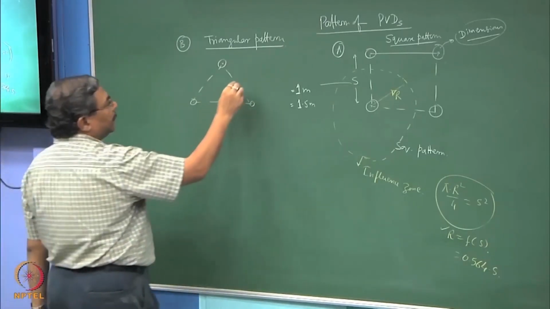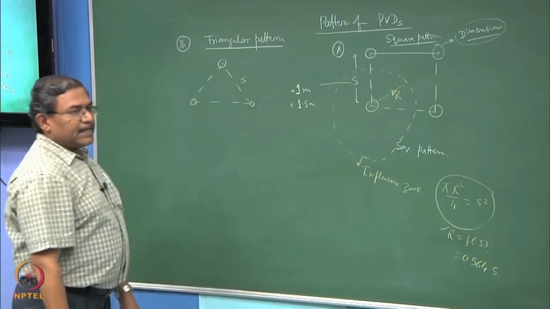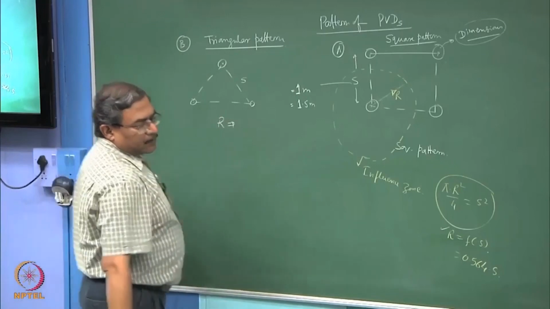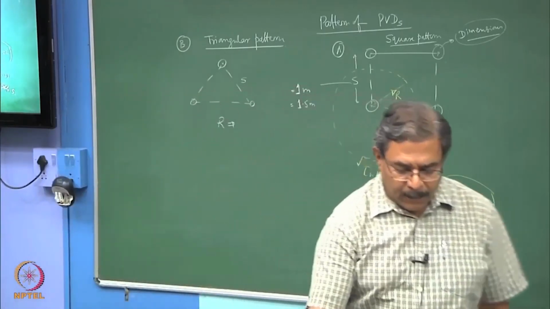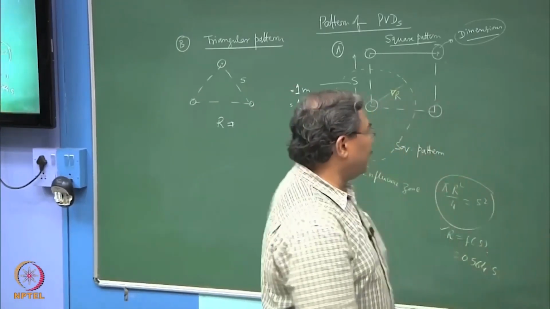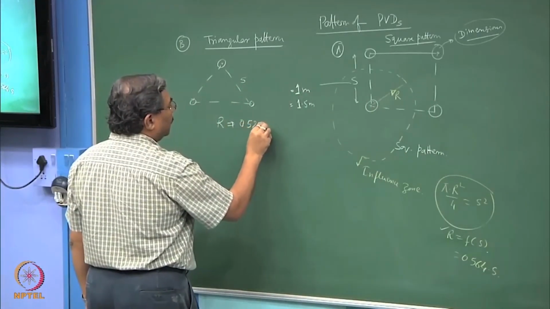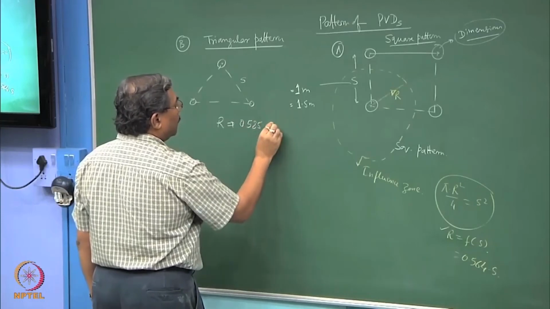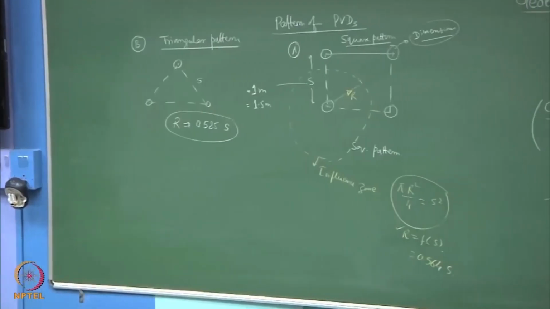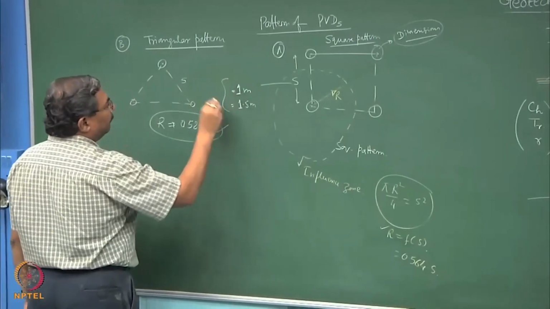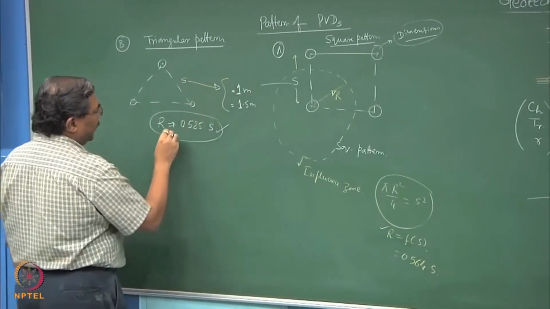Again, the spacing between the two PVDs is S, and you get the value of R. This turns out to be 0.525 S. So, once you have got this S, here also we normally fix S as 1 meter, and then I can compute R.